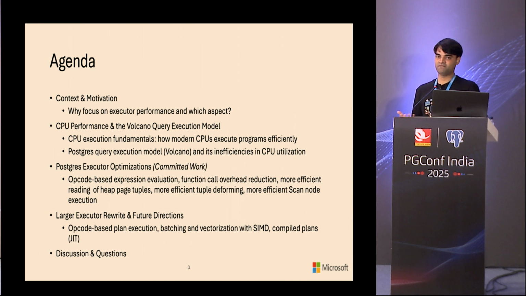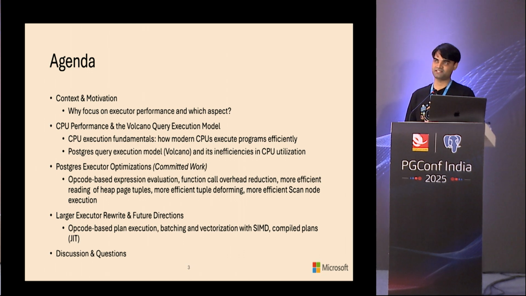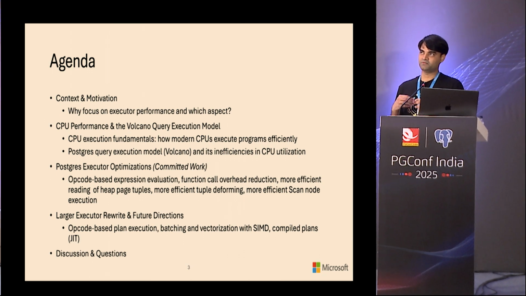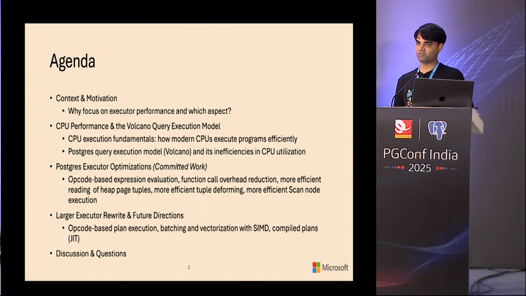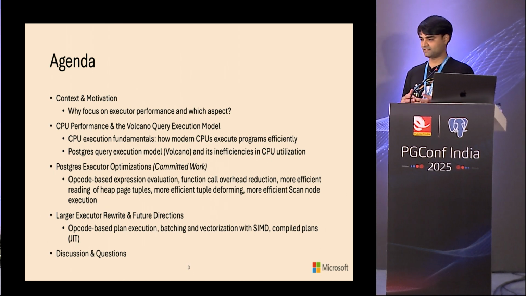It's the things that you might have learned in college, and you might need a refresher on how CPUs optimize performance when executing programs. I'll then give an overview of why Postgres is not able to utilize some of the CPU's performance characteristics, and it has to do with its execution model.